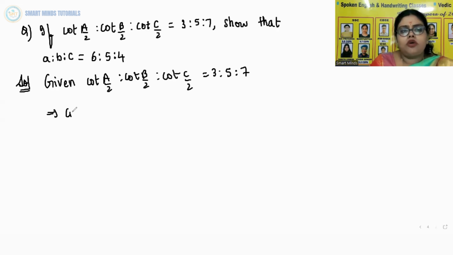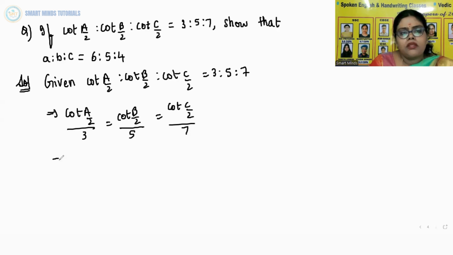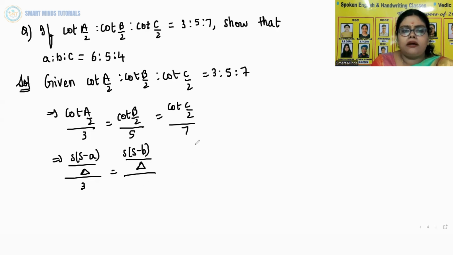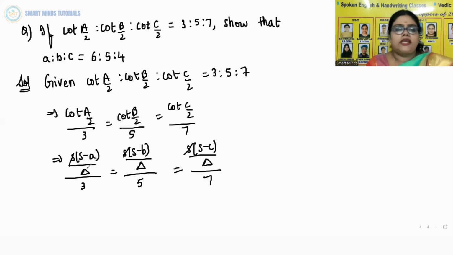So we can write cot(A/2)/3 = cot(B/2)/5 = cot(C/2)/7. So cot A/2 is √(s(s-a)/Δ) over 3, equal to √(s(s-b)/Δ) over 5, equal to √(s(s-c)/Δ) over 7. S cancels from all three sides, and Δ also cancels.